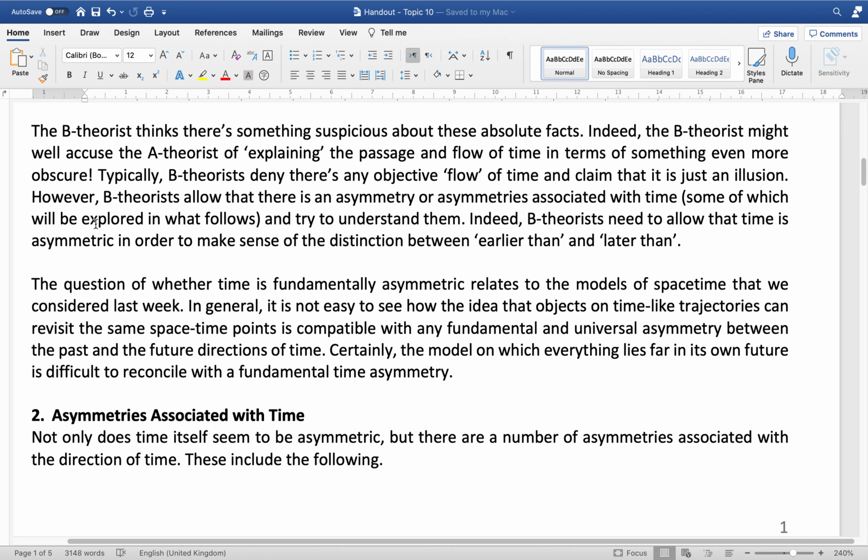Now, if space-time were like that, and we have no reason to think that our space-time is like that, although such spacetimes do seem to be permitted by the field equations of general relativity, then it would be rather difficult to sustain the notion that there's a fundamental asymmetry, or at least certainly a universal asymmetry between the past and future directions of time, because everything's far in its absolute future and also far in its absolute past.